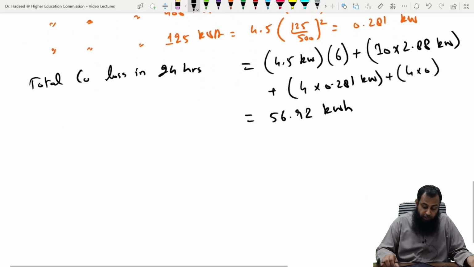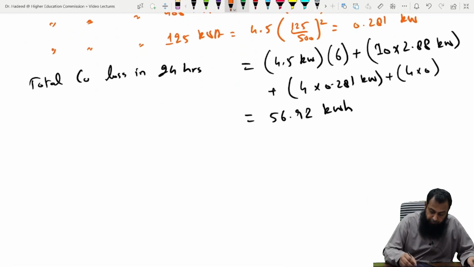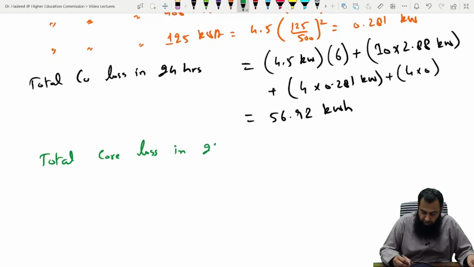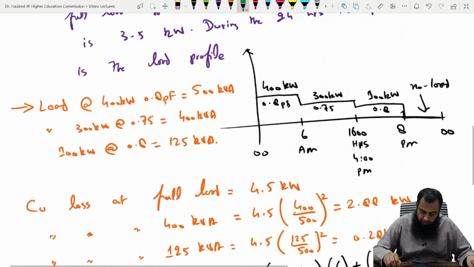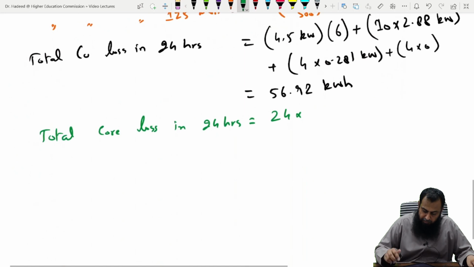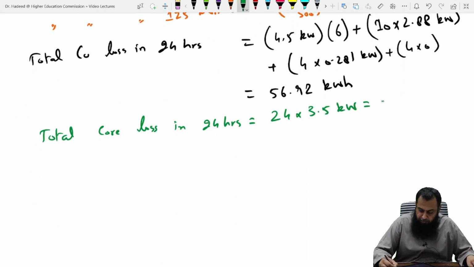So next, we need to find out the total core loss in 24 hours. This is equal to 24 times the core loss, which is defined as 3.5 kilowatt. So we multiply it by 3.5 kilowatt, and this gives me 84 kilowatt hour here.